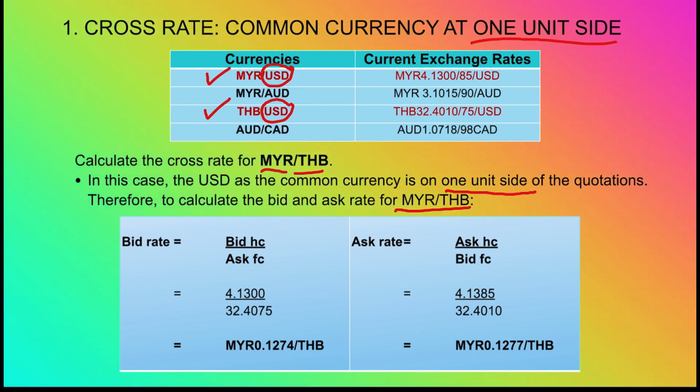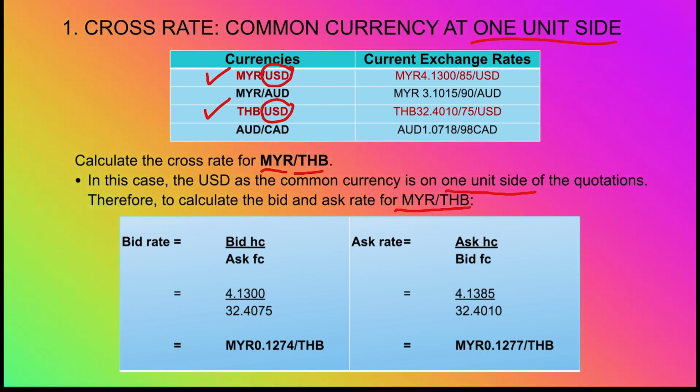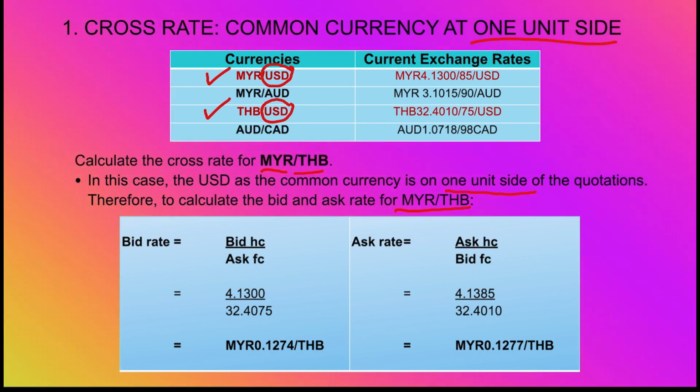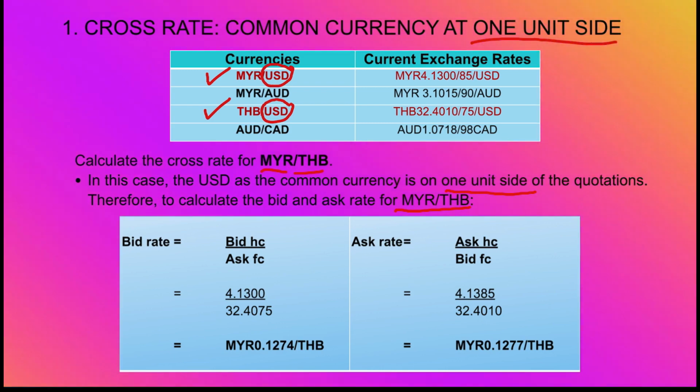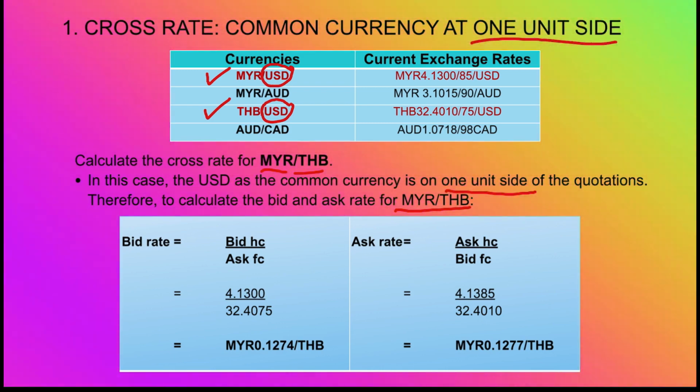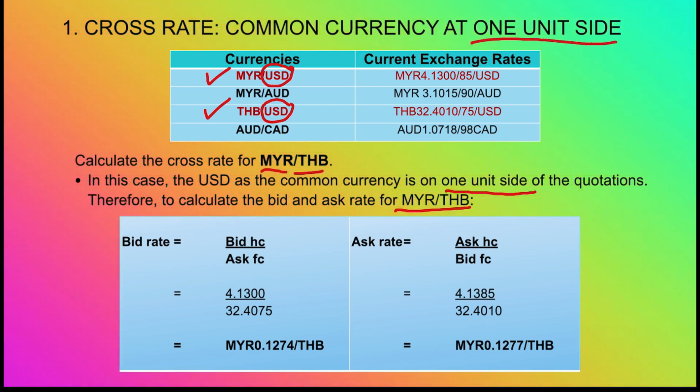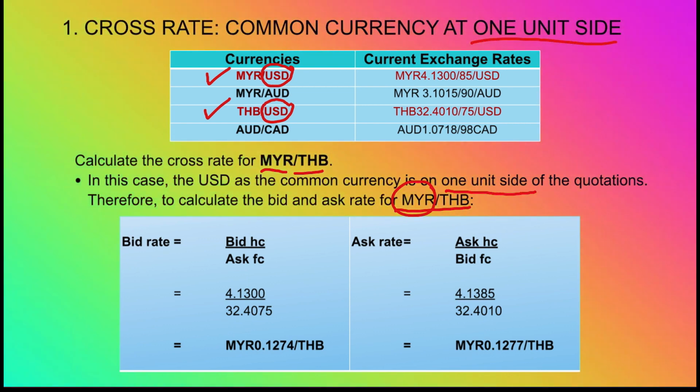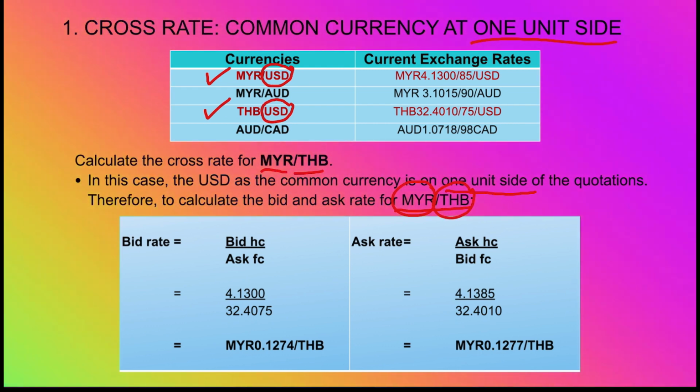For bid rate, it is bid home currency over ask foreign currency. Home currency here is Malaysia Ringgit, and foreign currency is Thai Baht.